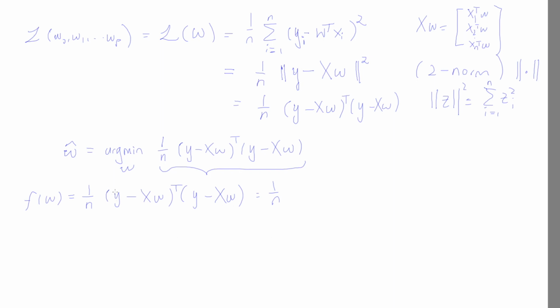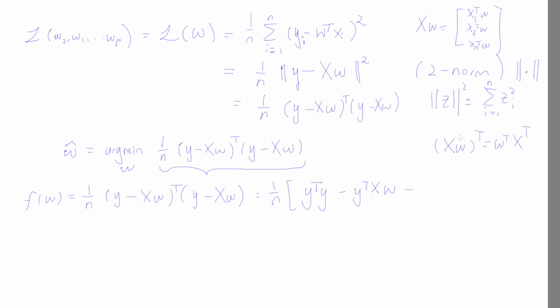So how do I do this? Well, I can just expand this bracket. This is going to be y transpose y. We don't have squares when it comes to vectors, we have y transpose y. Then the y transpose gets multiplied by this, so minus y transpose Xw. Then we do the same thing, minus, and remember Xw transpose is equal to w transpose X transpose.